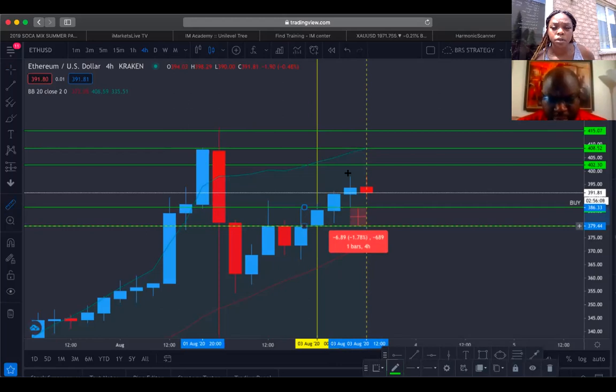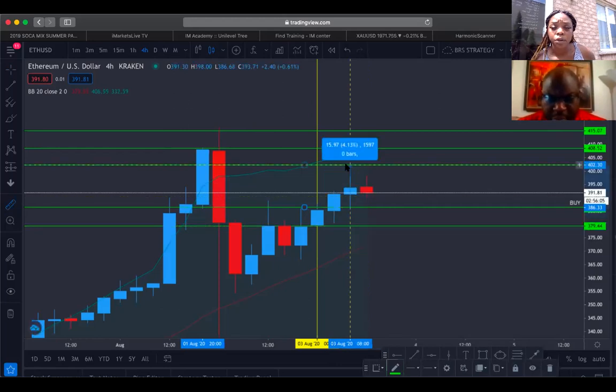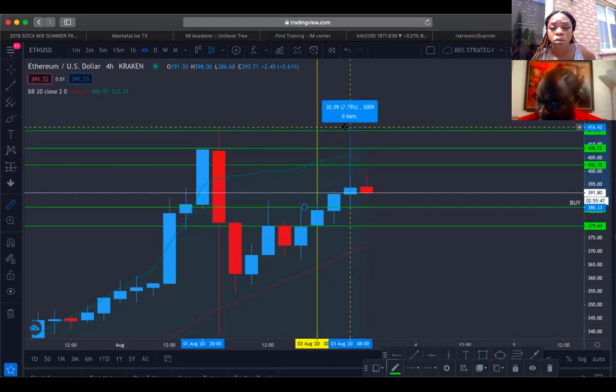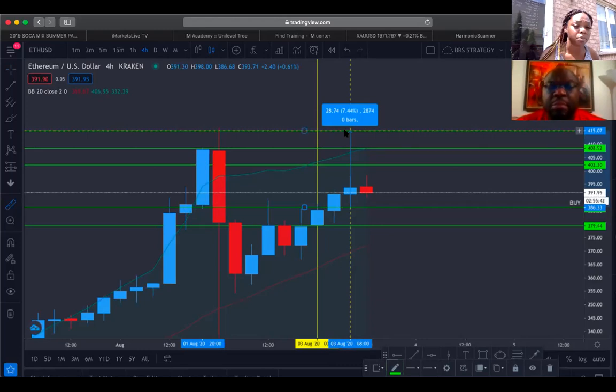Risk 160. Almost a 1 to 3 for TP1, not bad. And then TP2, 1 to 4. And then TP3, about 1 to 5. I like it, not bad.